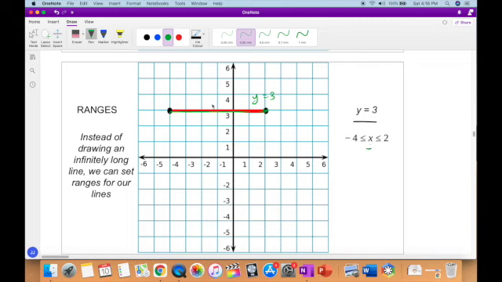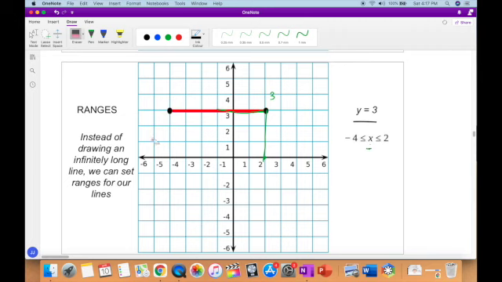So we could say I only want this line when x is greater than -4 and less than 2. So x has to be between -4 and 2. Look, I have -4 here, and I have 2 here. The line will only exist between -4 and 2. The line is greater than -4 coming up this way, but it is less than 2, so it doesn't get more than 2.